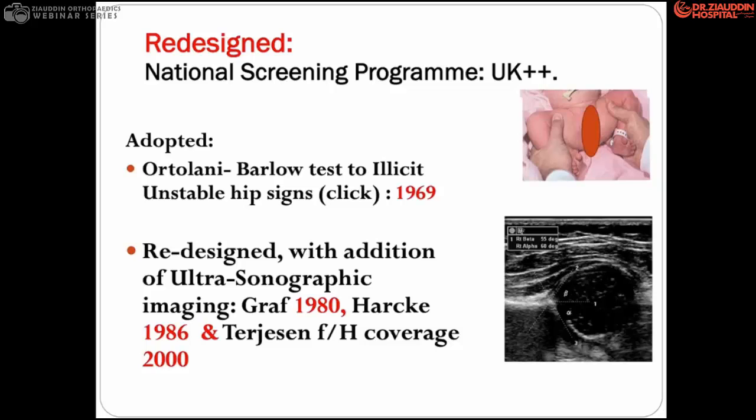With the introduction of ultrasound, the screening was redesigned. This brought a revolution in knowing which hip is really unstable or developing laterally. This was by Graf in the 1980s, and then in 1986 and the end of 2000, dynamic scans were used.